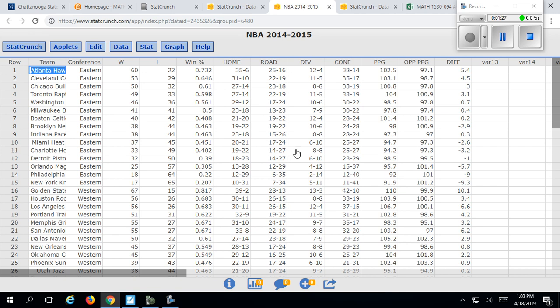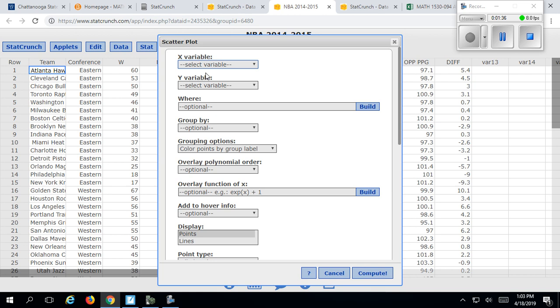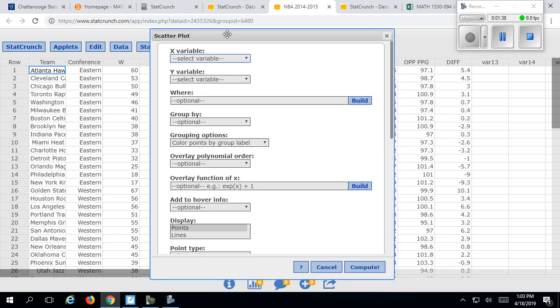If you make a graph called a scatter plot, so click Graph, Scatter Plot, we have to choose which variable is going to be x and which one's going to be y. The x variable we call the explanatory variable, and the y variable is the response.